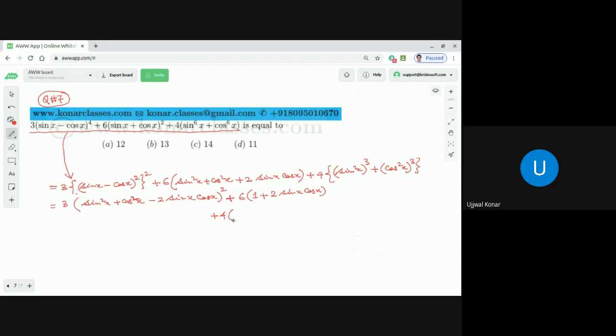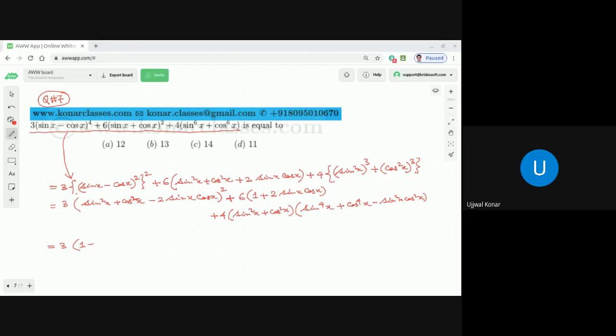So we can write sin square x plus cos square x into sin to the power 4x plus cos to the power 4x minus sin square x into cos square x. So this is equal to 3 into 1 minus 2 sin x cos x whole square. Correct or not?